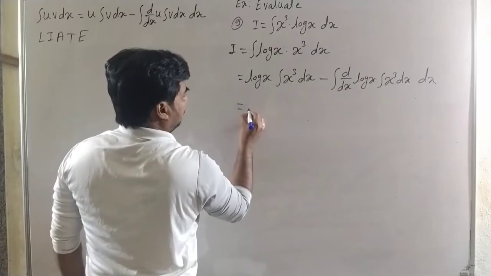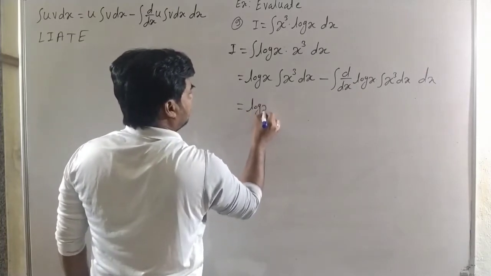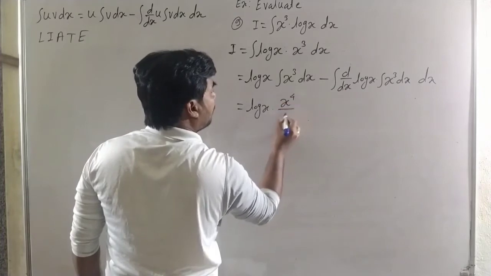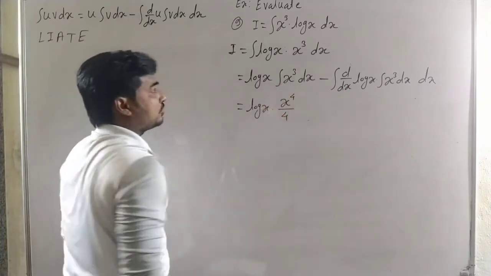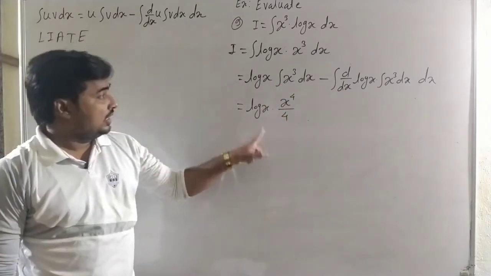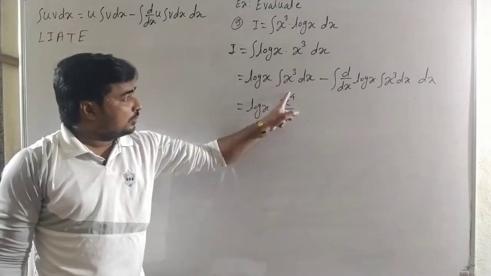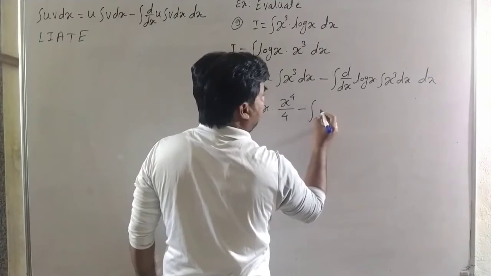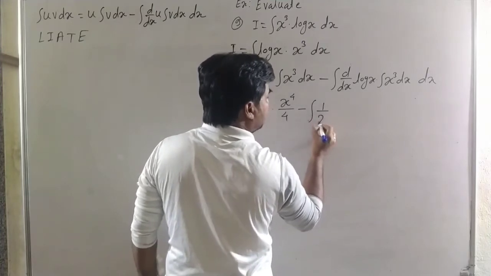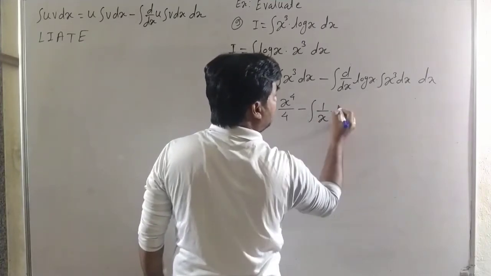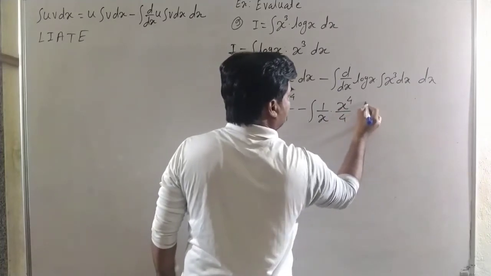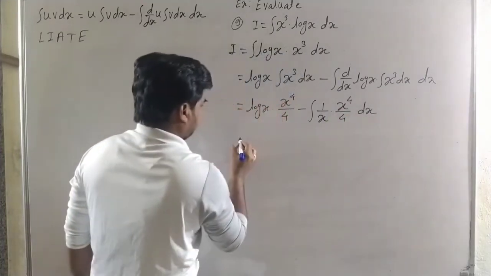Now log x into integral of x cube is x to the power 4 upon 4. It is integral of x to the power 3, x to the power n plus 1 upon n plus 1, minus integral of derivative of log x, which is 1 by x, into integral of x cube, which is x to the power 4 upon 4, dx.